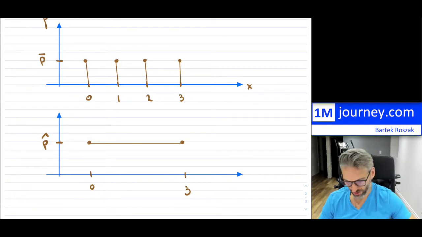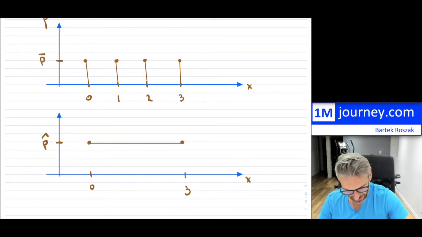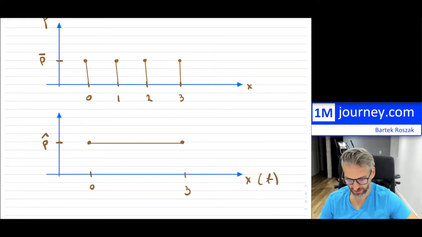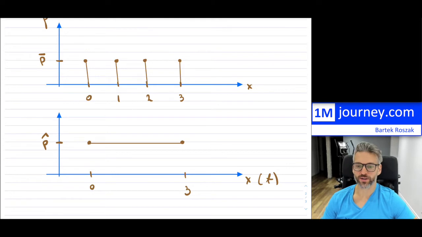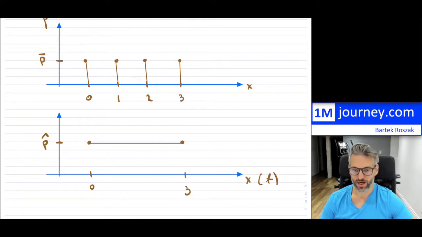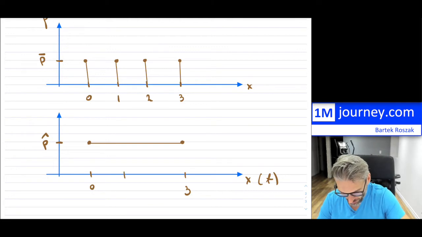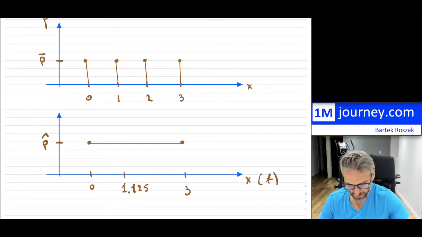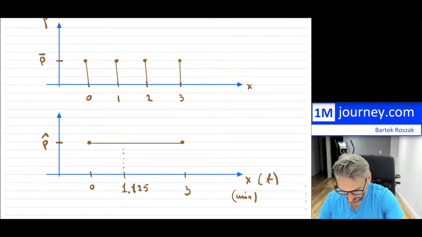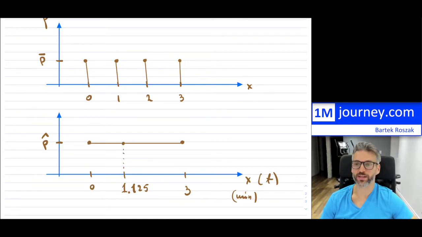So let's say maybe my X indeed is time for something, maybe not wait times, but something else. And no matter what, you're going to be waiting, and the probability is the same for all of them across. So here, if you fell anywhere, let's say this was at 1.125, and maybe this is in minutes, and then you reach out and you take a look at here, and then you read it out.